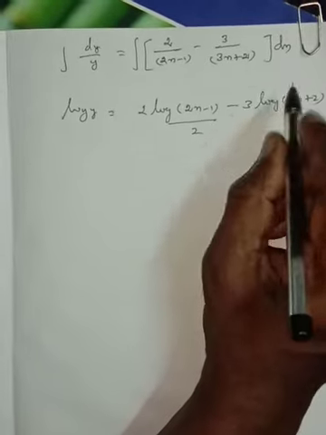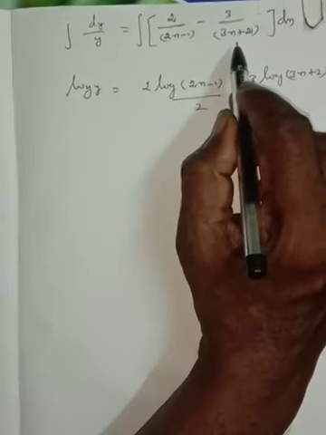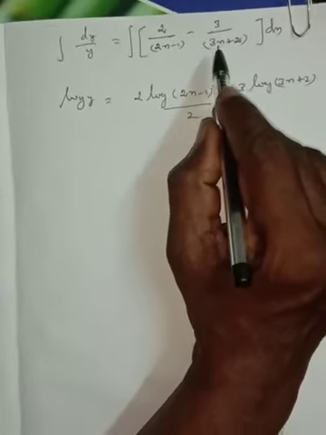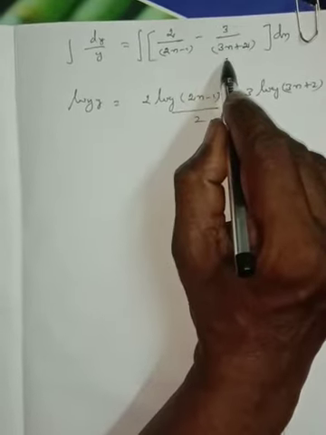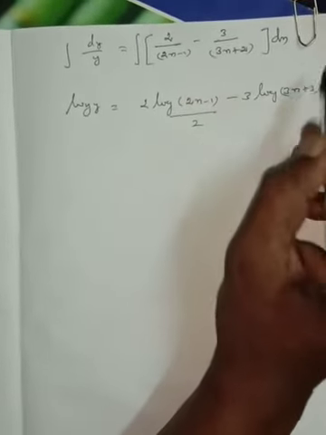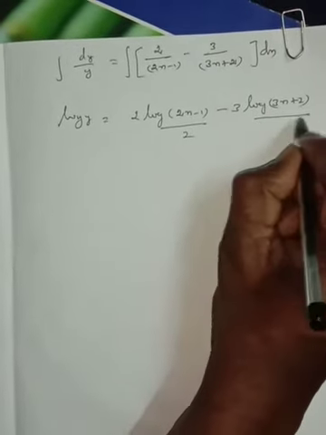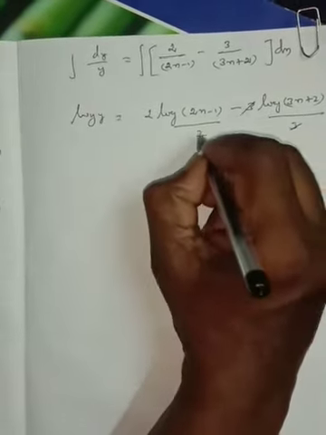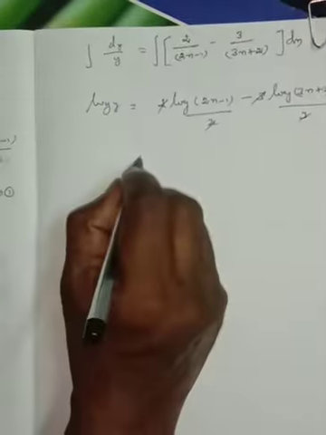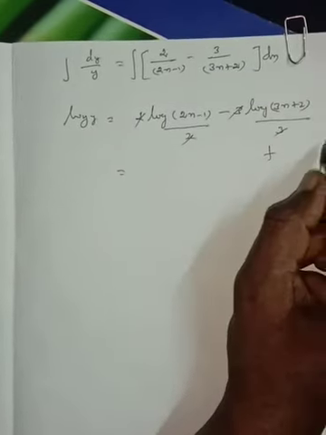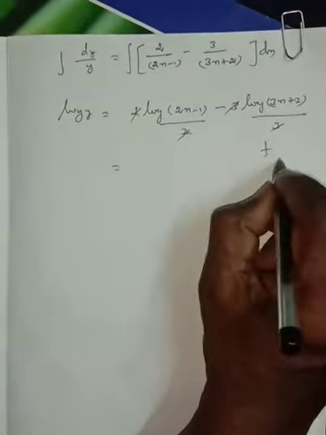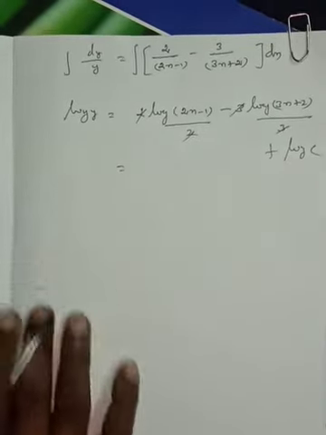Similarly, the integral of 1 by (3x plus 2) into dx is log of (3x plus 2), but in this case the coefficient of x is 3, therefore divided by 3. The 3 cancels, the 2 cancels, and we get plus an integral constant. The limits are not given, therefore the integral constant is log c.